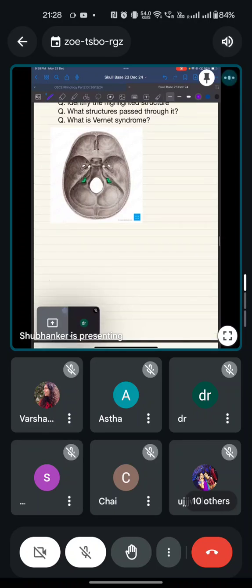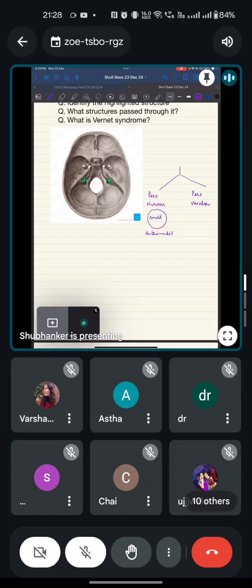Let me divide it as per your Scott Brown. This is your pars nervosa, or pars vascularis. Nervosa, it is nervous, so it becomes small. This is small and anteromedial.